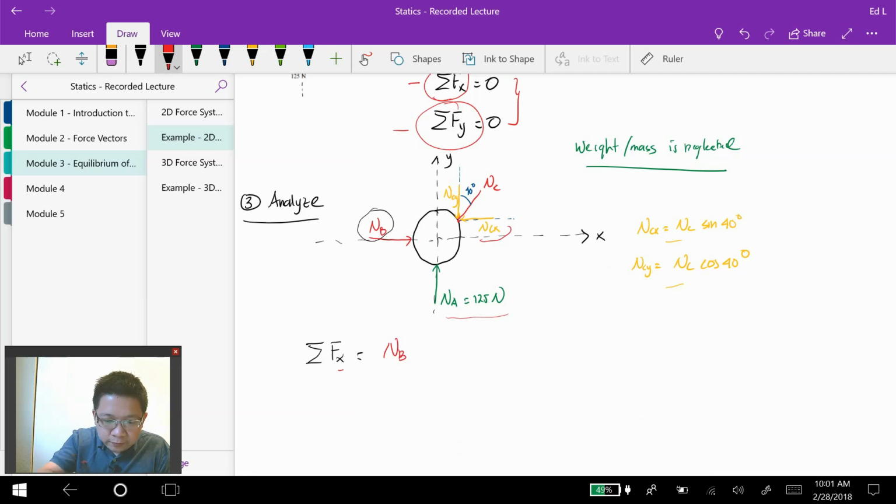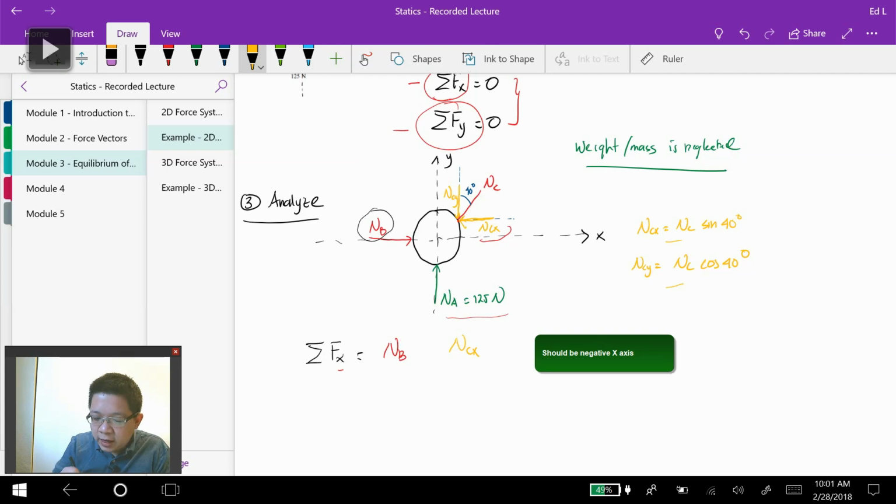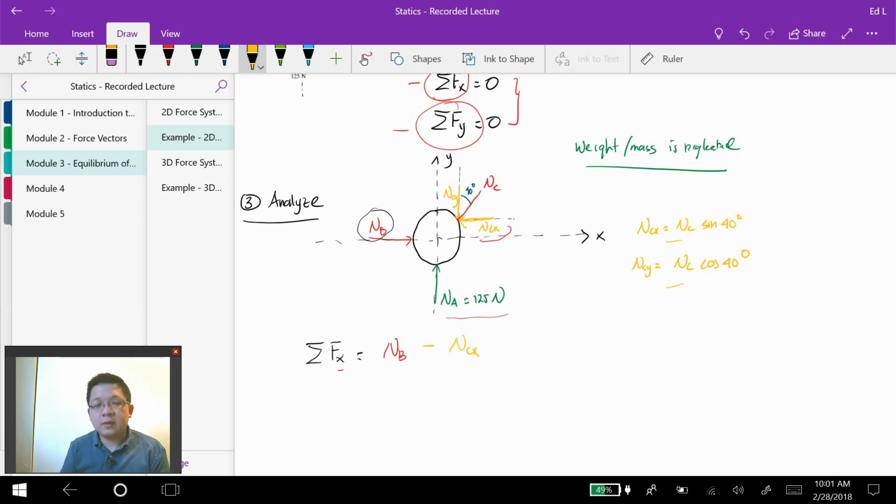So in here is NCX, and NCX has a negative direction because it's pointing to the negative X axis. Okay, and basically we have to set this equal to 0.